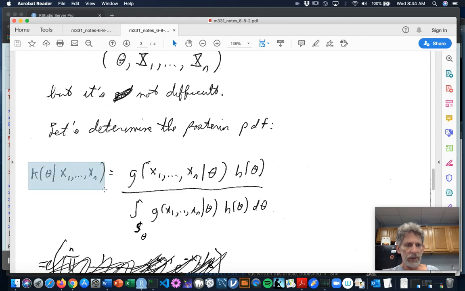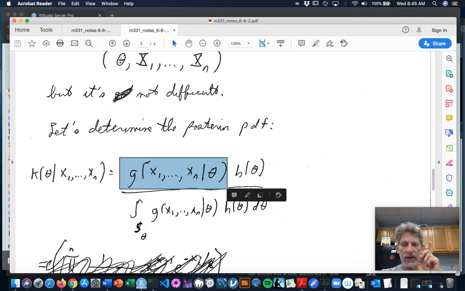We write it a little bit differently because of the multivariate situation. K of theta given little x1 through xn equals the conditional multivariate distribution of the x1 through the xn given theta.